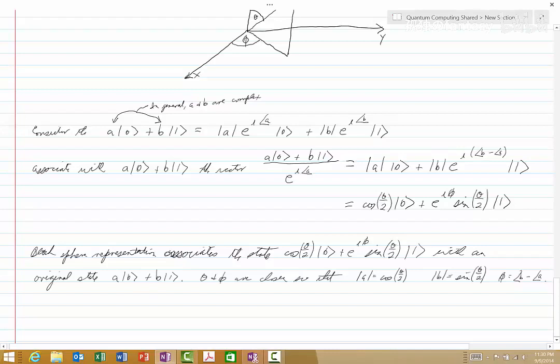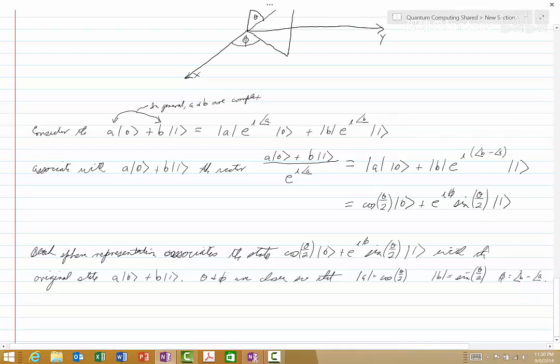Okay, so let's read this now. The Bloch sphere representation associates the state cosine theta over 2, 0, plus e to the I phi sine theta over 2, 1, with the original state, let's say the original state A0 plus B1.